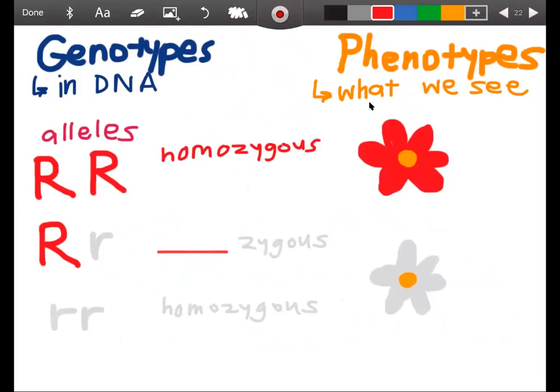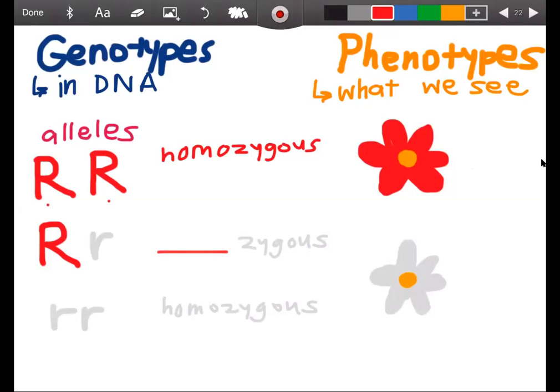So now we're going to go into Mendelian genetics. We're going to talk about genotypes and phenotypes. So genotypes is what's in your DNA, what's in your genes, and these are going to be represented by alleles. So you can see here, I drew 2 alleles, and these are both represented by capital letters.